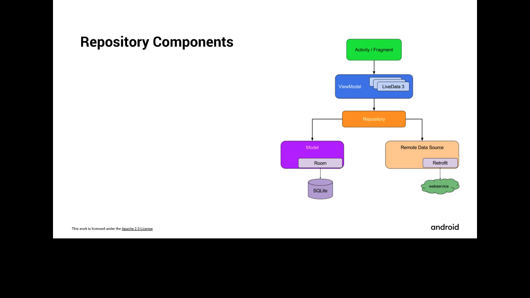And under this repository, you can see that there is a model. Models are basically your plain Java objects. I guess in this case, it'd be more Kotlin objects, but these are your plain objects, right? So we go fetch something from a weather API.